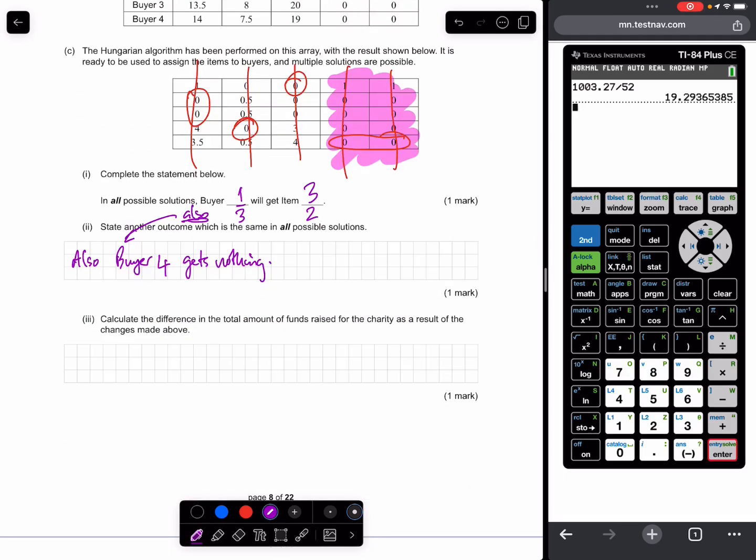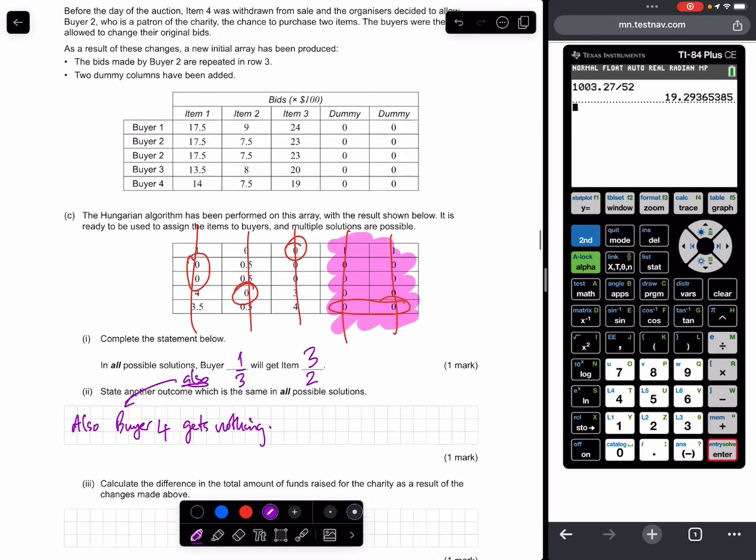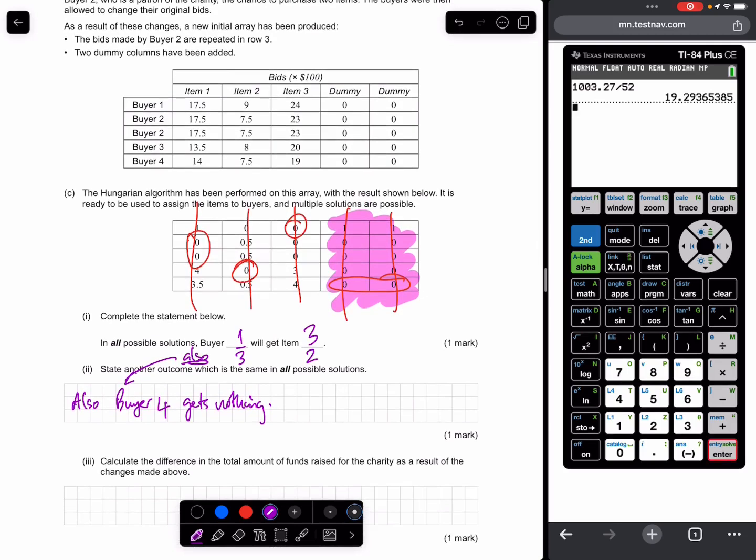Calculate the difference in the total amount of funds raised for the charity as a result of the changes made above. So what do we have in the selection? Buyer 4 gets nothing.